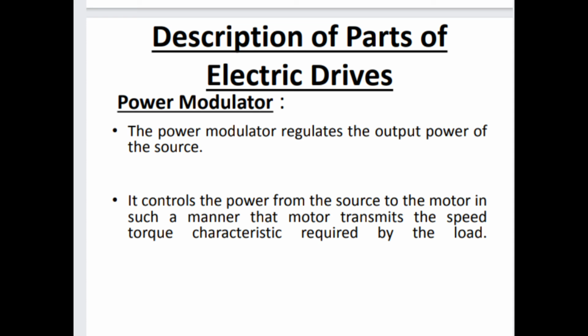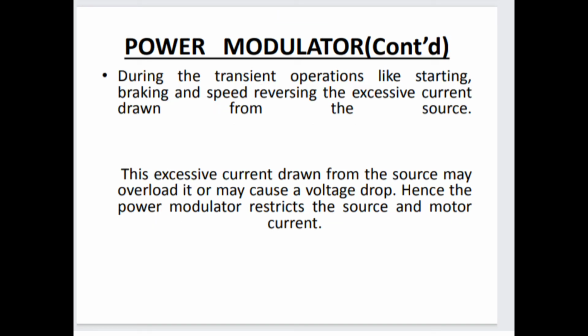Next, during the transient operation like starting, braking and speed reversing, excessive current is drawn from the source. This excessive current drawn from the source may overload it or may cause a voltage drop.